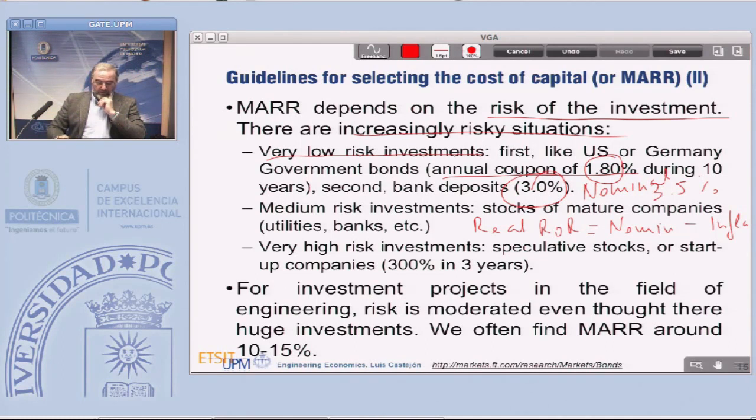Then, if you want to get more return, you have to look for medium risk investment. For example, stocks of mature companies like Telefónica, like utilities, like banks in general. Not now. But those are medium risk investments.